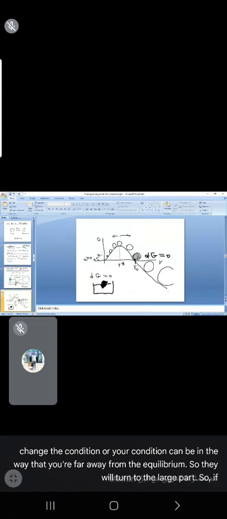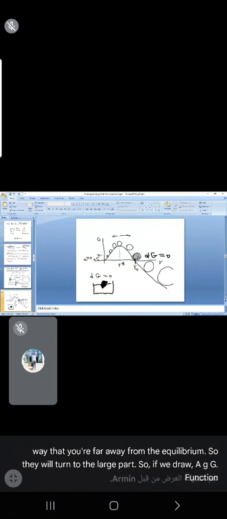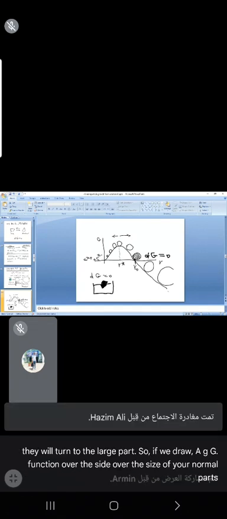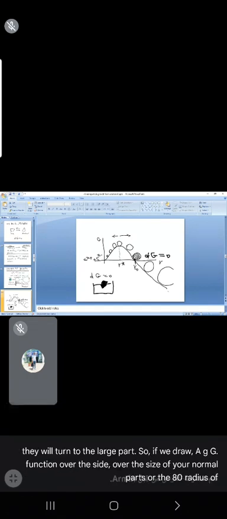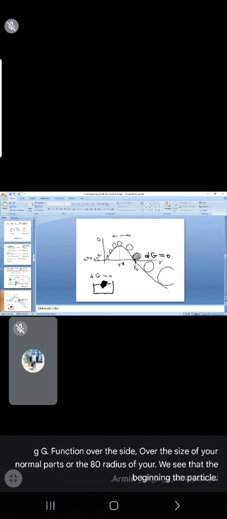So if we draw a G function over the size of your nanoparticle, over the radius of your nanoparticle, we see that at the beginning the particle starts to grow as a cluster.